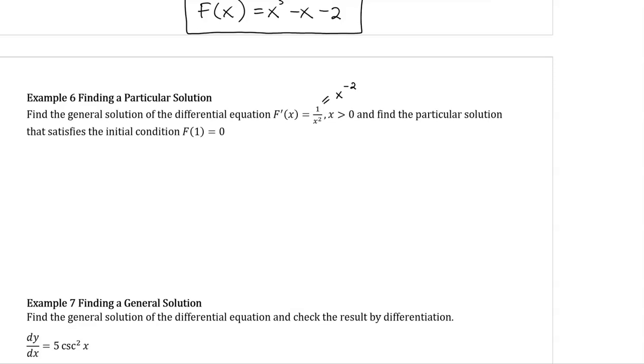So let's get started and find capital F of x. The function that we are looking for would be the antiderivative of f prime of x. So we are going to be integrating that 1 over x squared, and we're going to do it with respect to x. I'm again going to rewrite that as an x to the negative 2 dx.